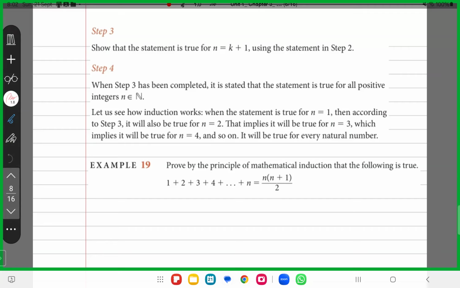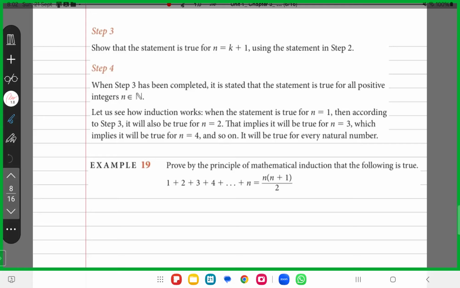Let us see how induction works. When the statement is true for n is equal to 1, then according to step 3, it is also true for n is equal to 2. Because step 3 says if it's true for k, it's true for k plus 1.